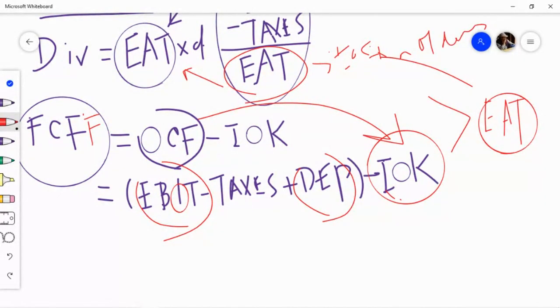But think about it. Free cash flow belongs to both stockholders and bondholders.